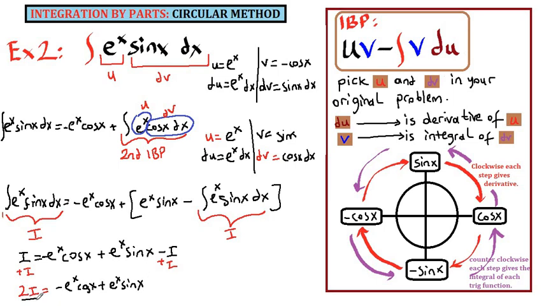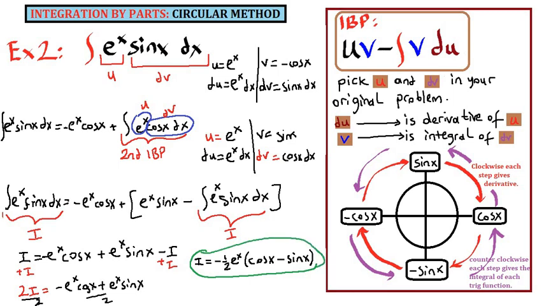And if you divide both sides by 2 and solve for I here, I will be equal to, factoring out e to the x and 1/2, negative 1/2 e to the x times cosine x minus sine x. And plus C, let's not forget plus C because it's an indefinite integral. Thank you for watching.